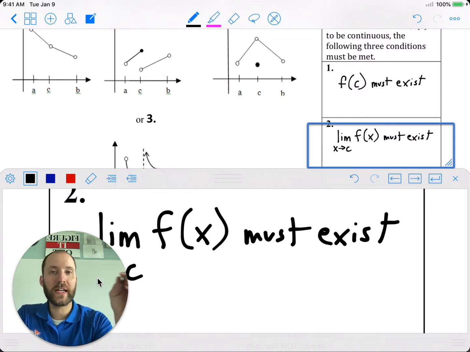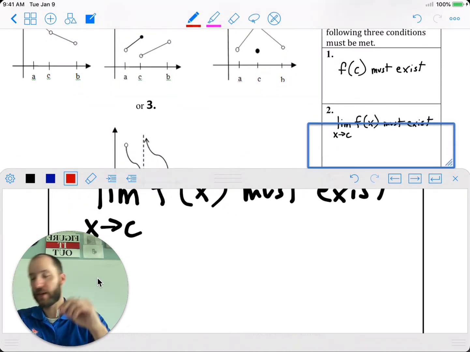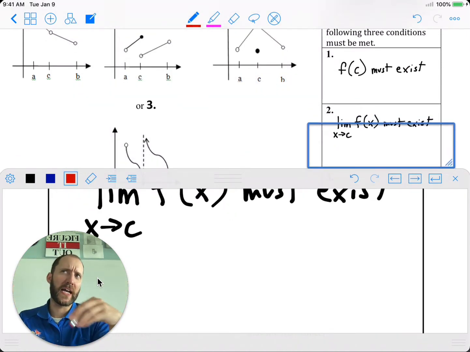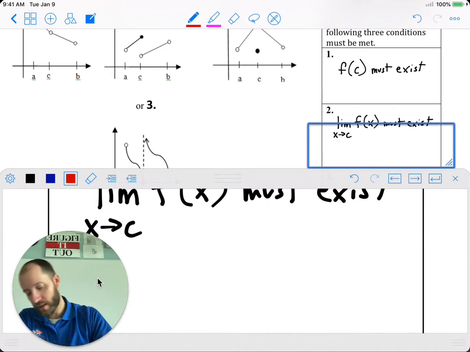So step 1, kind of the algebra. Step 2, the calculus. And then in step 2, quite naturally, step 2 gives you 2 things you've got to look at.